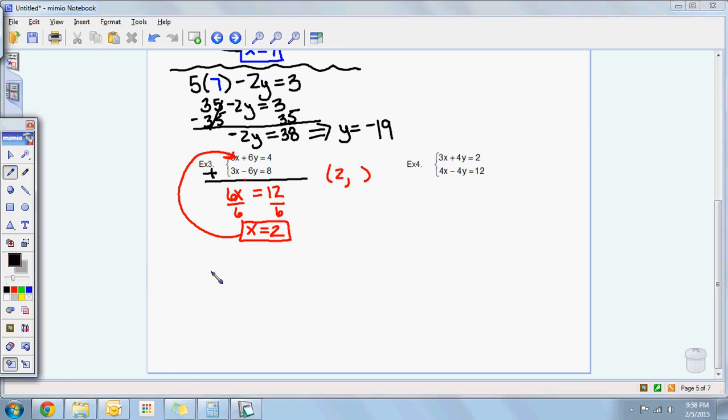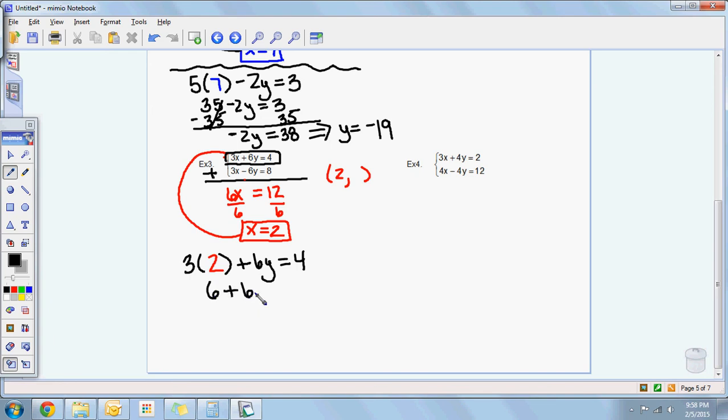And we're going to figure out what we have. So we have 3 times our x value that we found, so x is equal to 2, plus 6y is equal to 4. Okay, I just rewrote this equation and plugged 2 in for x. So we're left with 6 plus 6y equals 4.